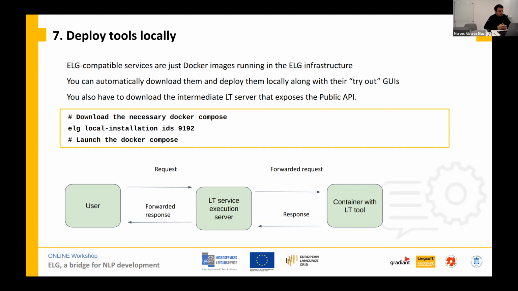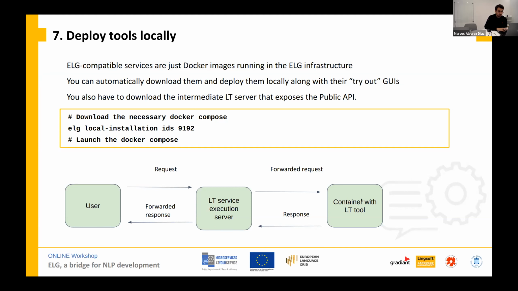So the ELG gives us this command where you just need to indicate the ID of the tool you want to deploy locally, and a Docker Compose file will be created that allows you to deploy this architecture or infrastructure locally. It is the same as what is deployed in the ELG cluster, but on our computer.